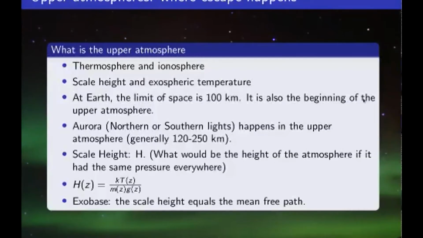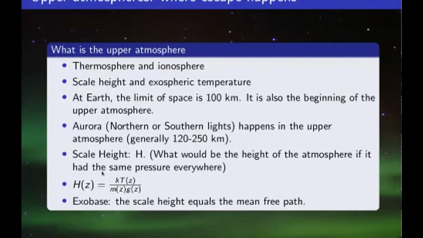So now that all of that is said, we need to concentrate on where the escape happens, and it's in the upper atmosphere, not to be confused with the upper atmosphere of meteorologists. We are really speaking about the thermosphere and the ionosphere. One of the big things to understand and remember is the scale height, which is extremely important to look at how compressed the upper atmosphere is.